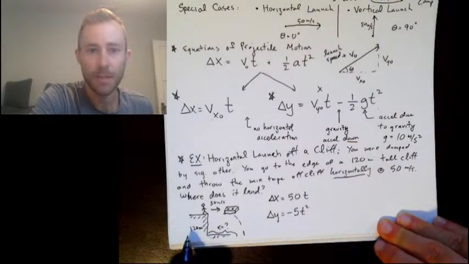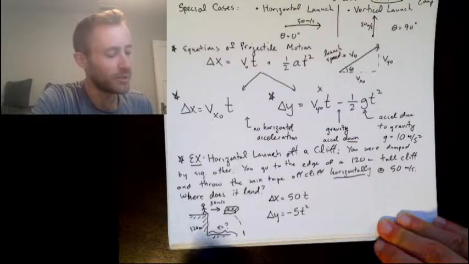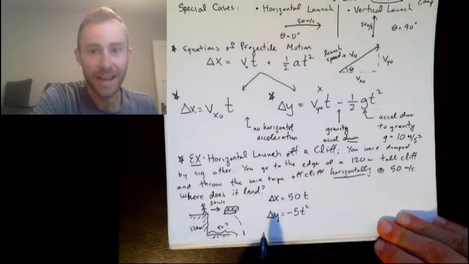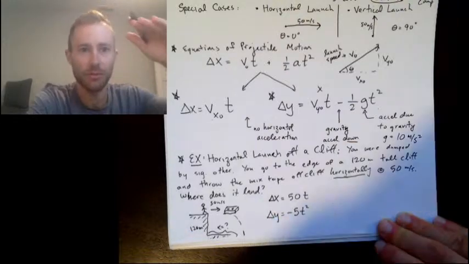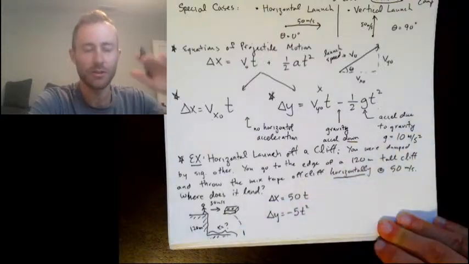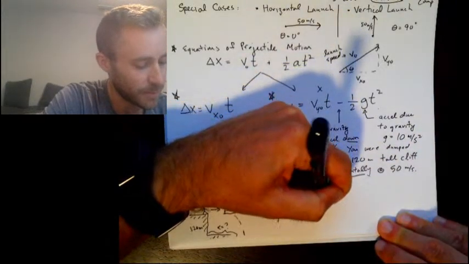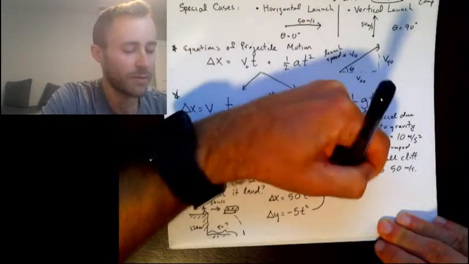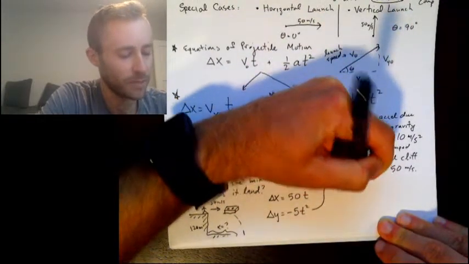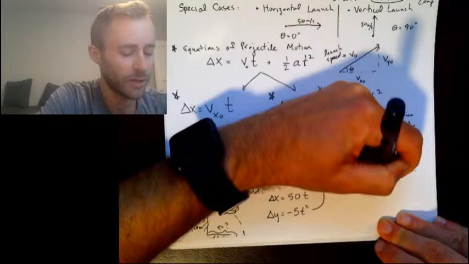So that means that delta y is negative 120 meters because it fell 120 meters to go from the cliff all the way down to the ground.